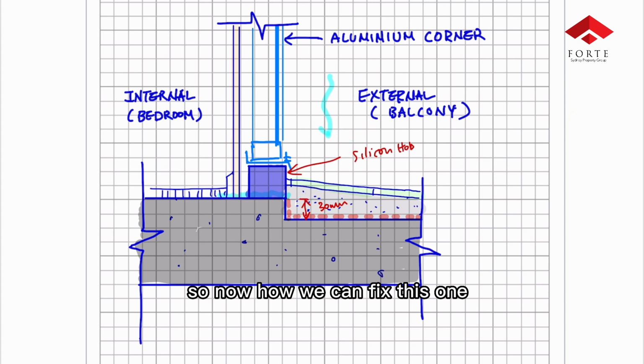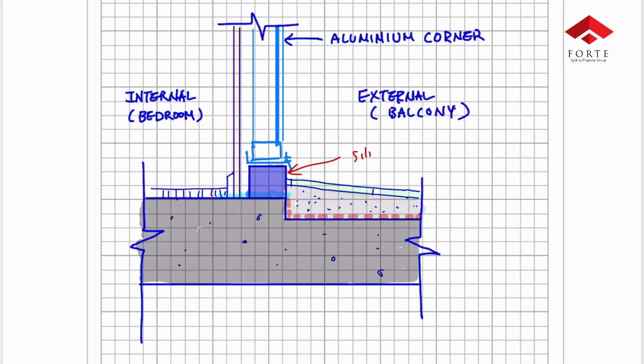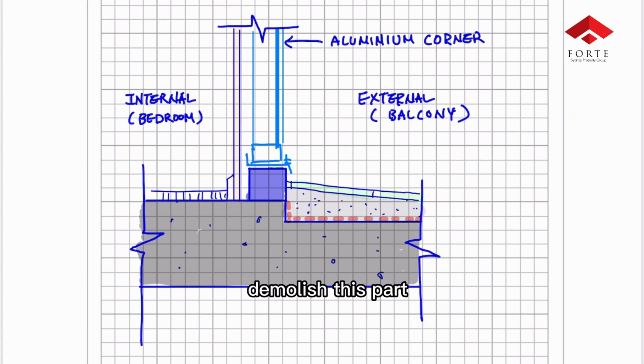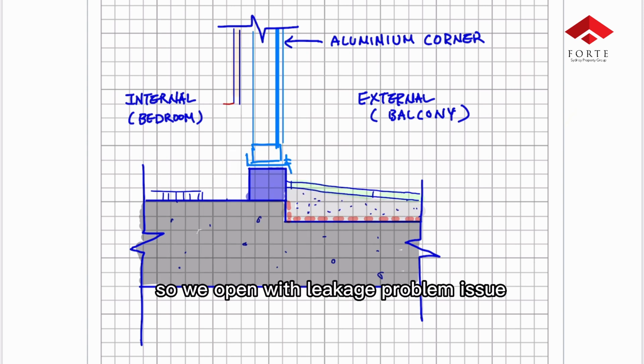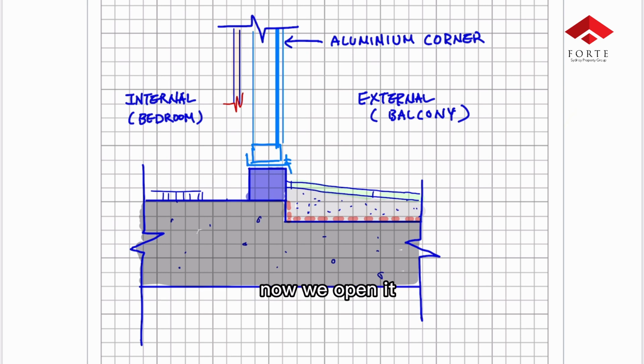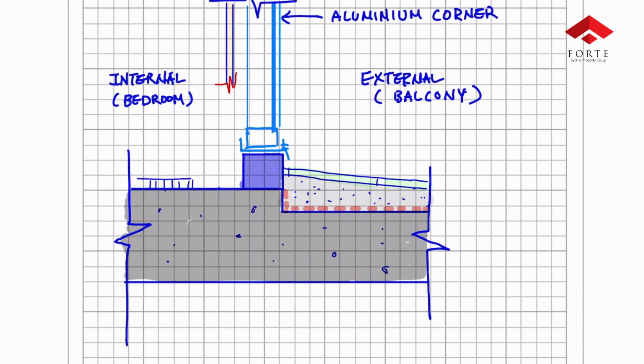So now how can we fix this? The first thing we have to do is demolish this part of the drip rack, so we open up the leakage problem. Now we open it, and we also need to open these tiles.